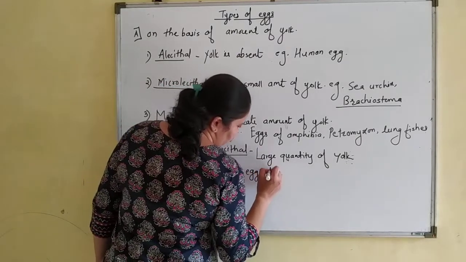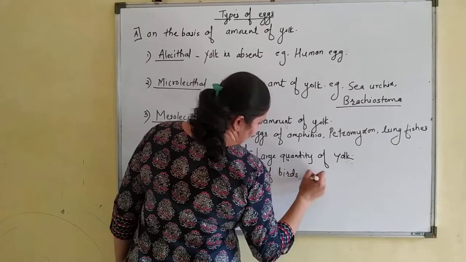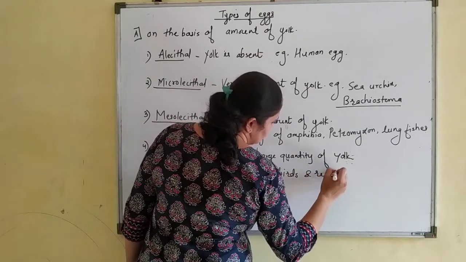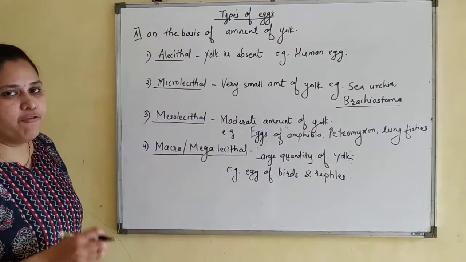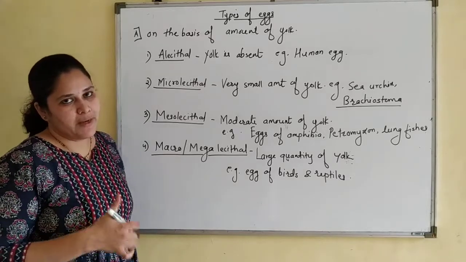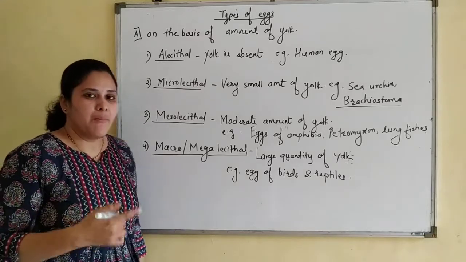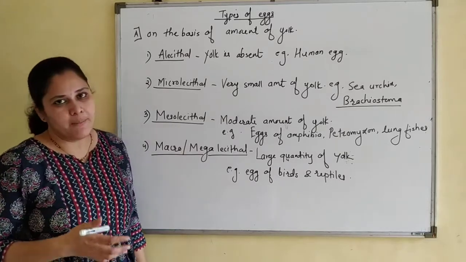So these are four types of eggs based on amount of yolk: alecithal, microlecithal, mesolecithal, and macro or megalecithal.